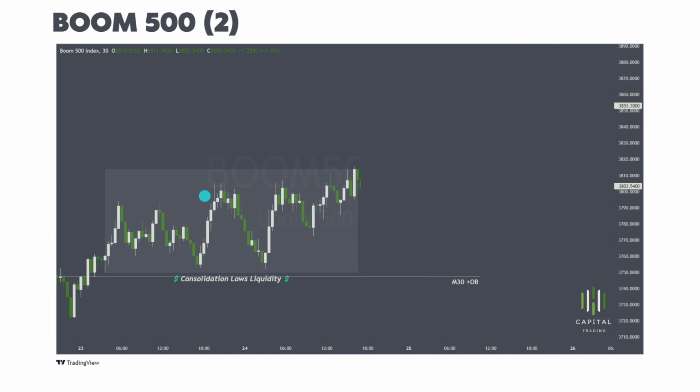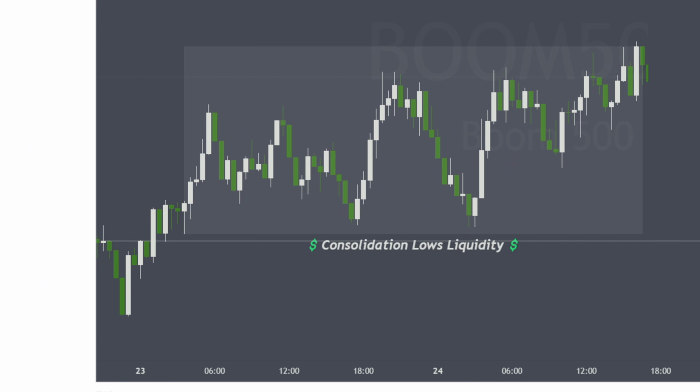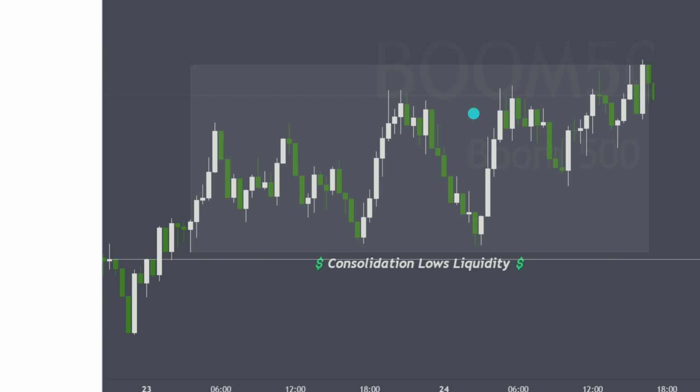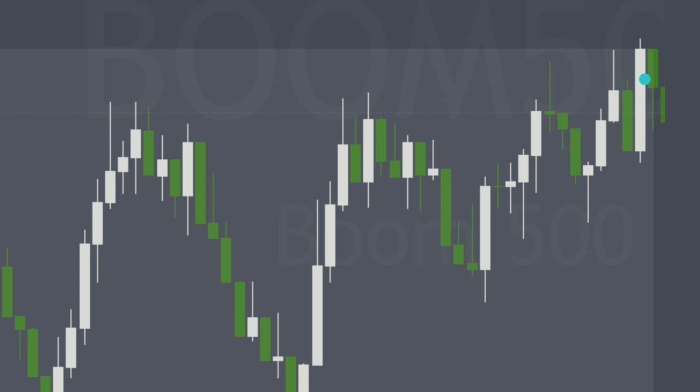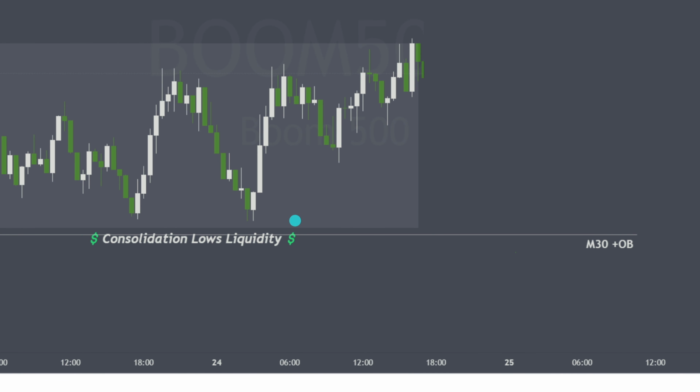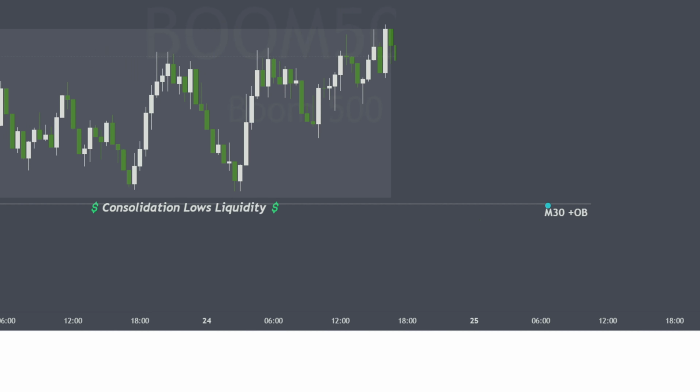So now we have this example here. This is a funny example, but it's educative. So we had identified this low here as our range low. Then we identified this high up here as our range high, right? But also we had identified that this is a consolidation low liquidity, but it's on top of a bullish order block for the 30 minutes, right?